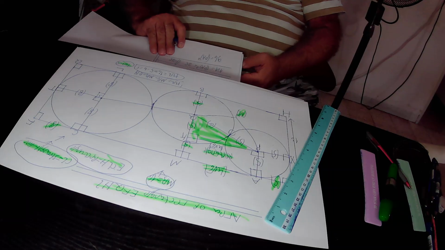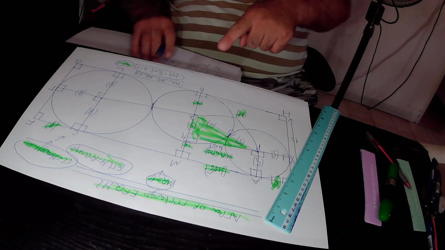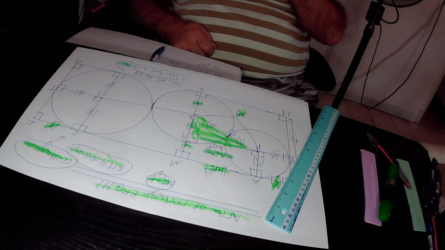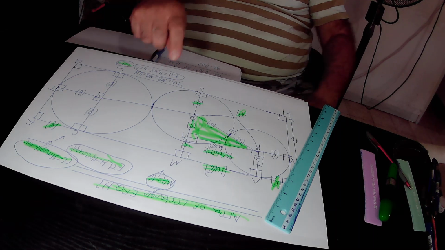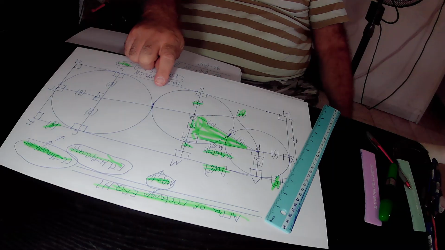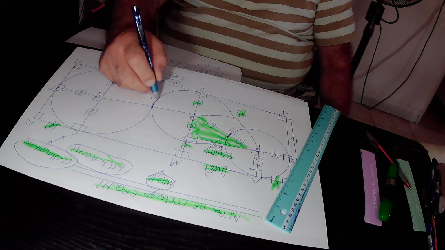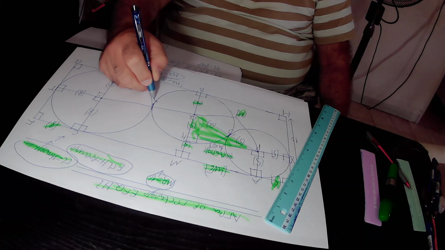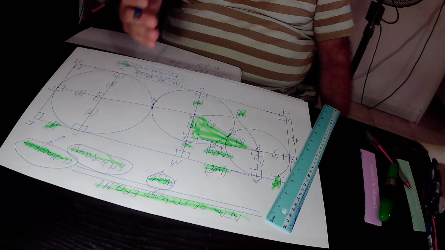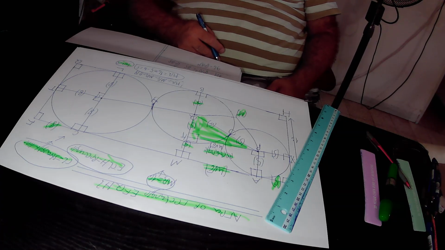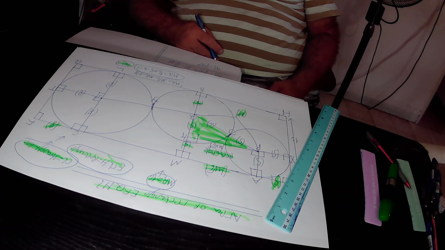We have an external touch between this medium circle and this big circle at this point. We define this touching point as point Y. You can implement rule 10 here. Whenever you have an external touch between two circles, you can implement rule 10.